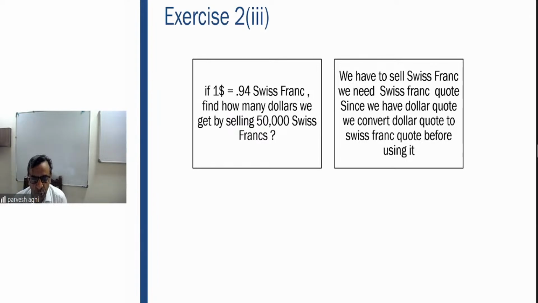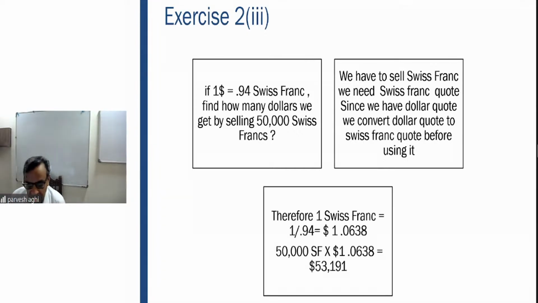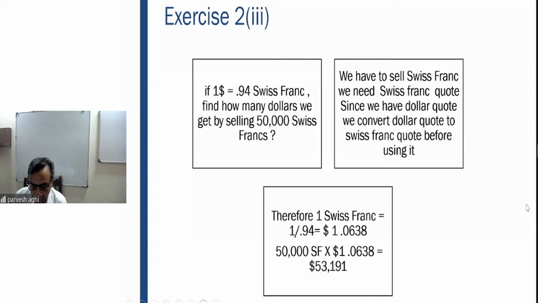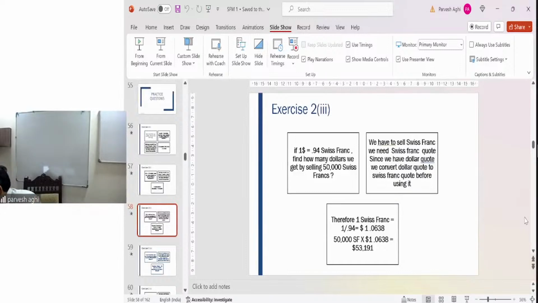We have to do the reciprocal of this quote because the price is for buying or selling $1, but we actually need to sell 50,000 Swiss francs. So first of all, we convert this, make a reciprocal of it, and then apply our rate. The answer is 53,091.